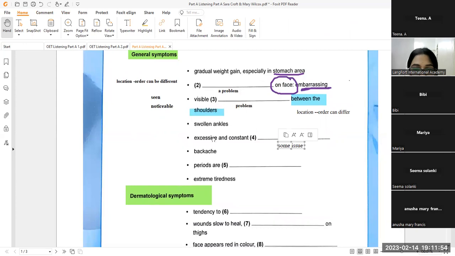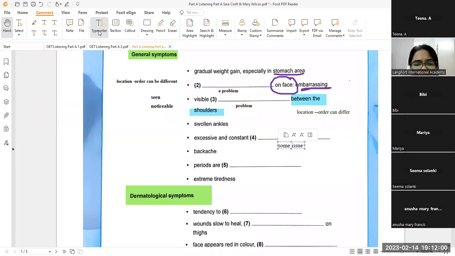Right. Now, look at the words before the gap. Sindhu, can you read the words before the gap? Excessive and constant. Are there any other words we can use instead of excessive and constant? Increased and continuous. Okay, increased. Okay, anything else? Increased and continuous. Do we say repetition when it comes to a problem?